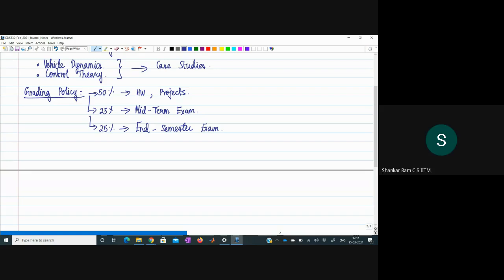So in today's class, what we will do is that we will briefly recap some of the concepts that we would have learned in vehicle dynamics, and then we will go forward and look at some concepts related to control.